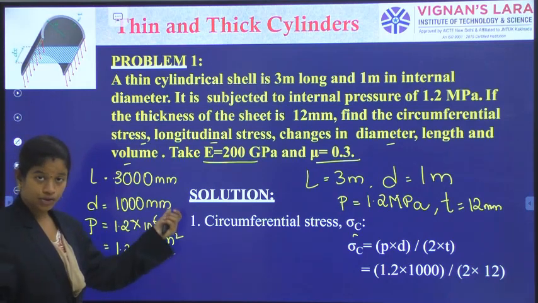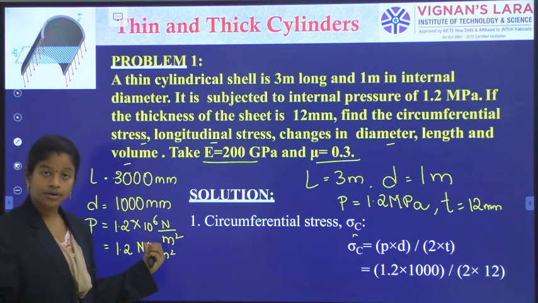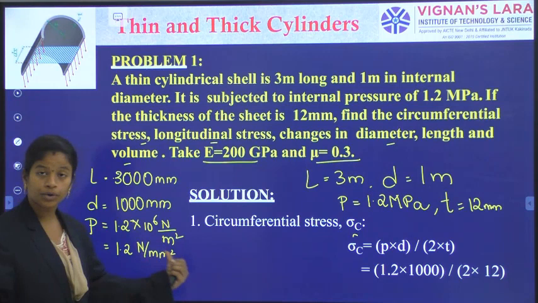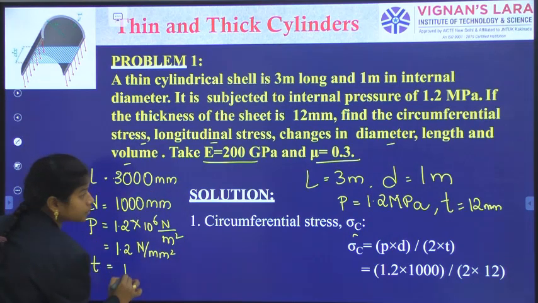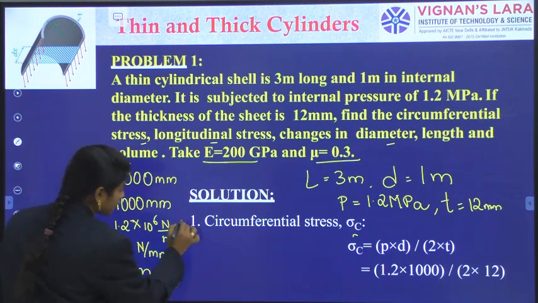It is in mega pascals, Newton per meter square, and converting the 10 power of 6 and cancelling, I have got 1.2 Newton per mm square, and they have given the thickness is equal to 12 mm.